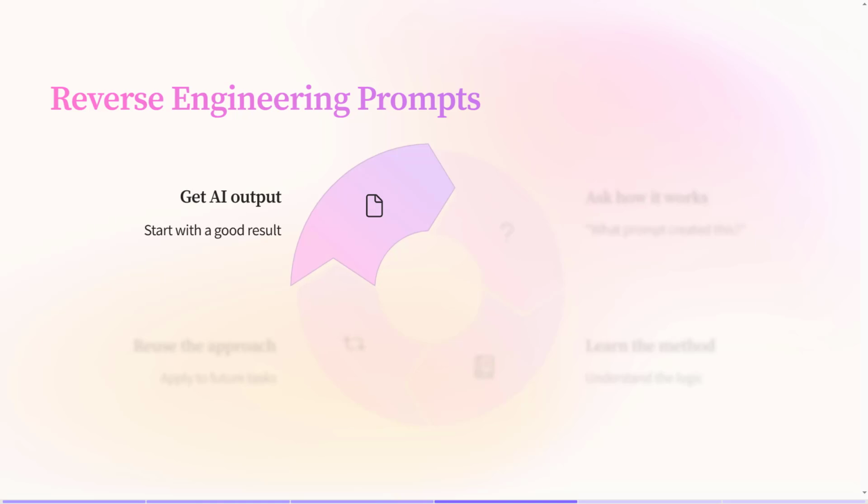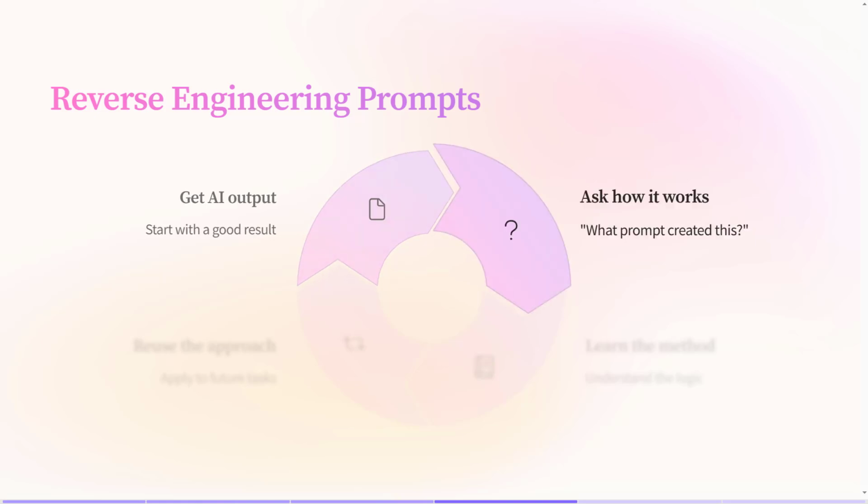So we start by picking a good result. Either that is something that we have, through trial and error, found in ChatGPT, or perhaps it's an existing example of a really good report that your organization uses, and you want to be able to find a prompt that's going to allow you to put any new data in and get that same result.